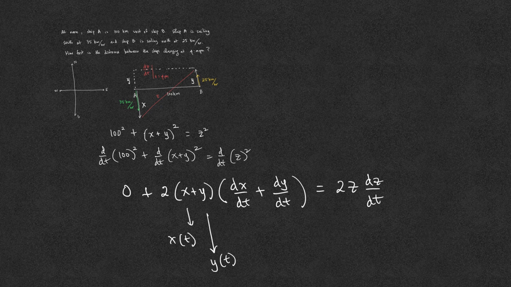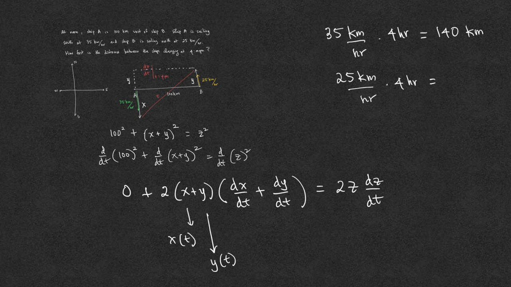Remember that ship A traveled at a speed of 35 kilometers per hour starting at noon, and so after 4 hours at 4 p.m., the distance it has traveled is 140 kilometers. Similarly, ship B is traveling at the rate of 25 kilometers per hour. After 4 hours, it would travel 100 kilometers.